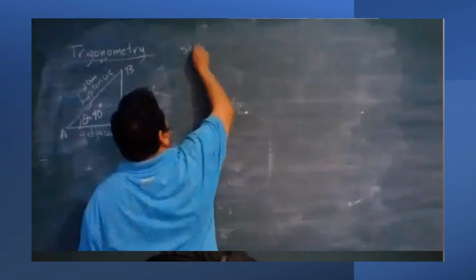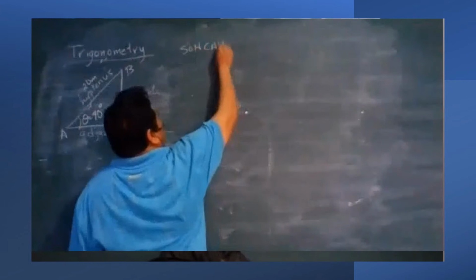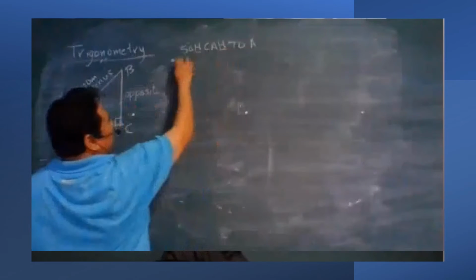Alright. So if we're looking for the opposite, let me write out. So I have the hypotenuse, which means that it can be one of these two. So these two have the hypotenuse on them.